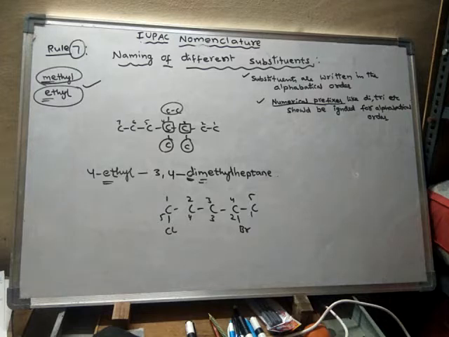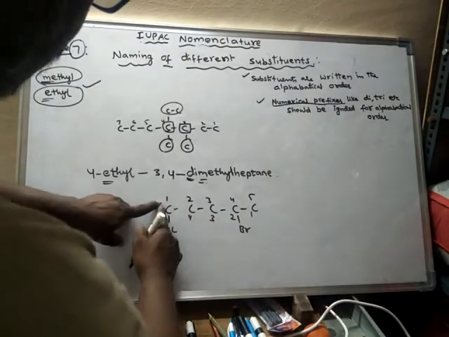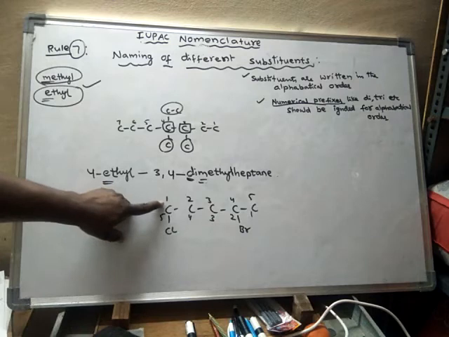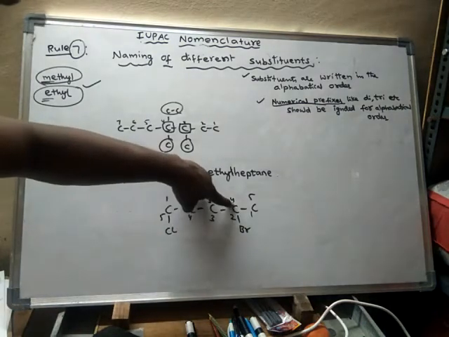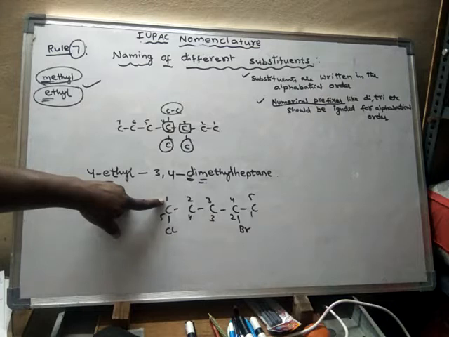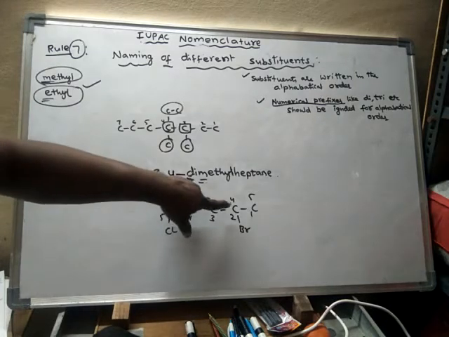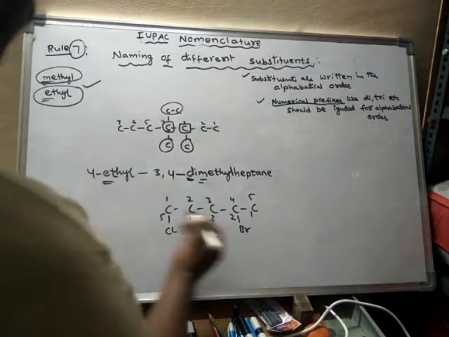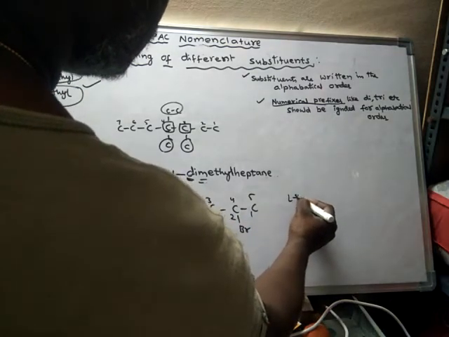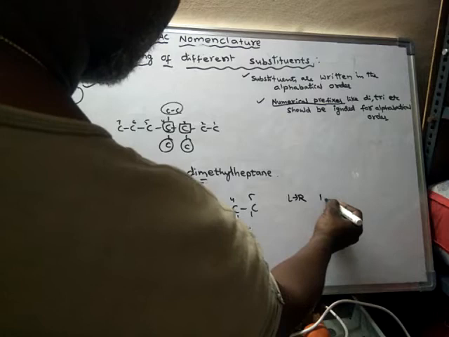So in this case, what do we have to do? In which direction do we have to follow, or which direction is the correct direction? In this case, numbering is done in the direction in which the first substituent is given the lowest numbering. Suppose if we move in this direction, this is the first substituent and this will be the second substituent. So the first substituent is getting 1 and the second substituent is getting 4. So from left to right, the substituents are 1 and 4.